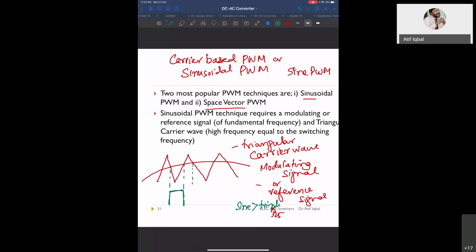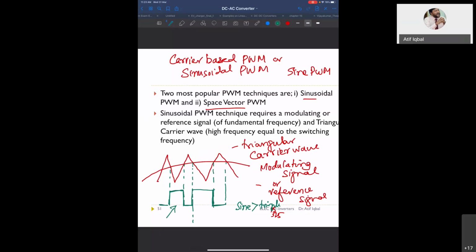Then in this interval, the sine wave is less than the triangle, so we produce either a zero signal, or sometimes maybe a negative signal. Then in this, we produce a high signal, and in this, a low signal.